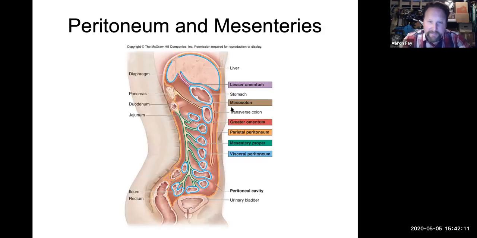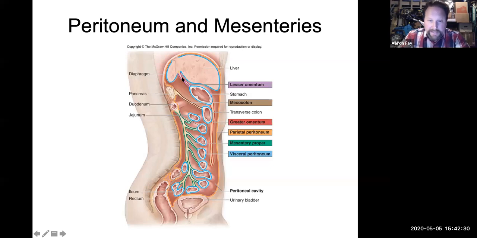So going back to the picture, lesser omentum, greater omentum, mesentery proper, and, not super well, here's the mesocolon. The mesocolon extends basically from anterior to the pancreas and comes across and supports your large intestine out in front.